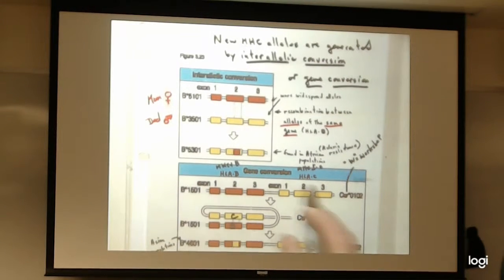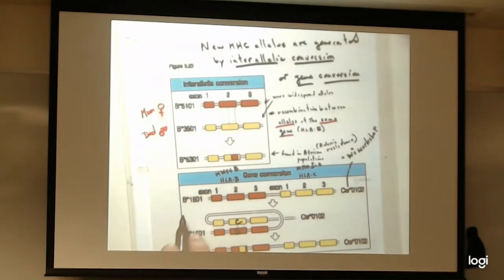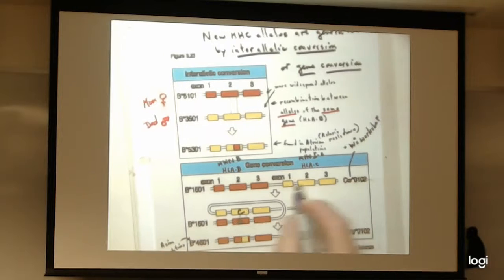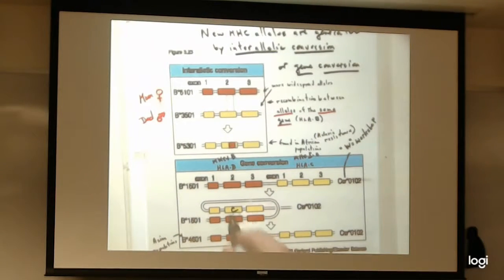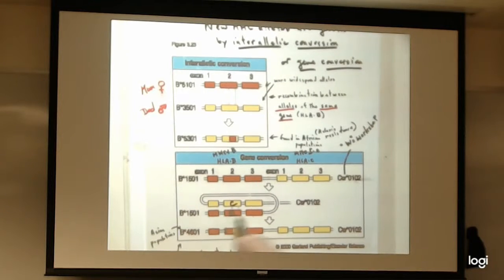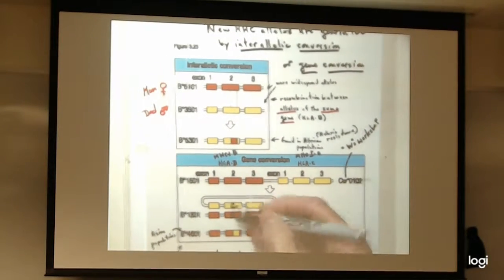So this is the B gene, and this is B1501, and then this DNA can kind of loop around, as you can see here, and now the gene for the MHC1C protein is looped up and lined up right next to the B gene version here, and now we get a recombinational event here.